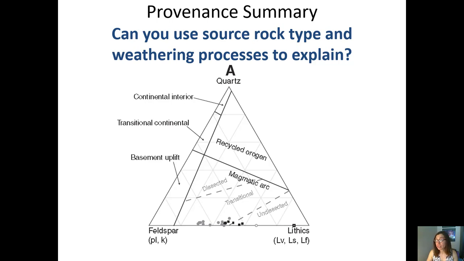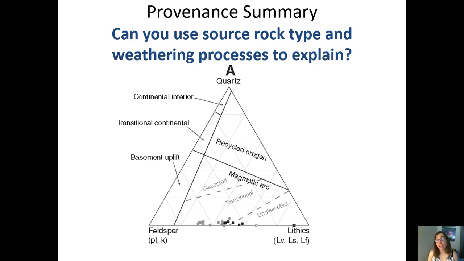And then for our lithics, these are going to tend to be formed from younger rocks, from magmatic arcs. Those magmatic arcs are being attached to the continent, and they are bringing magmatic material as well as ocean sedimentary material up to the Earth's surface to be then eroded away. So there'll be low-grade metamorphic rocks and a lot of volcanics making up your lithic fragments.